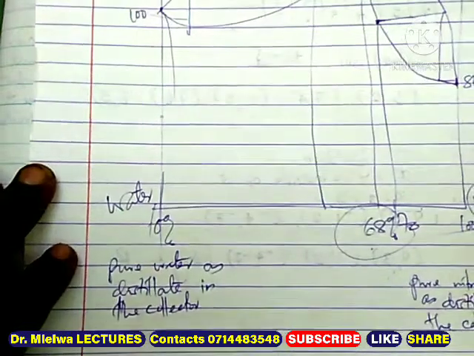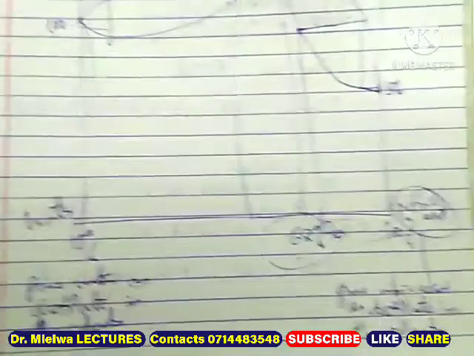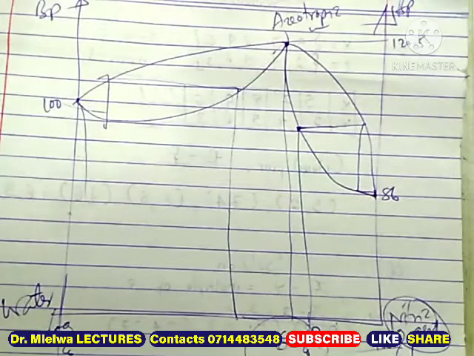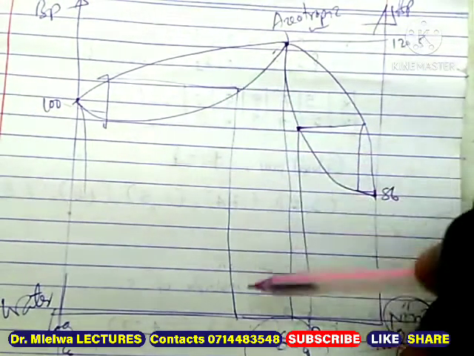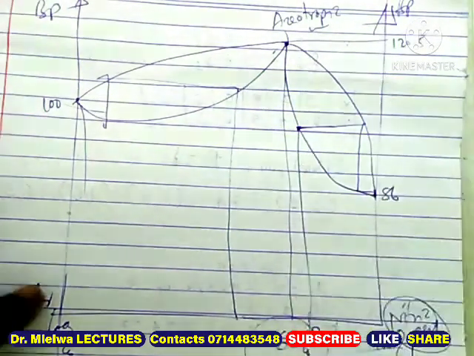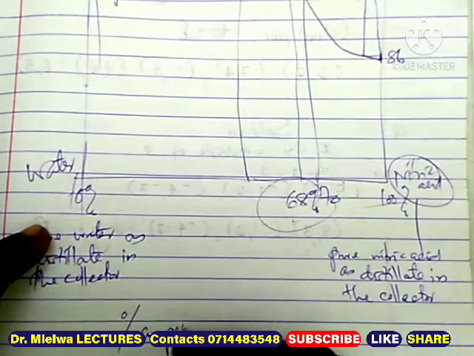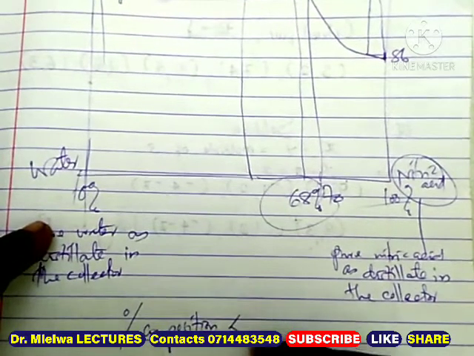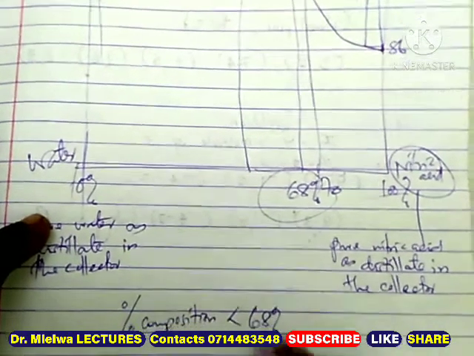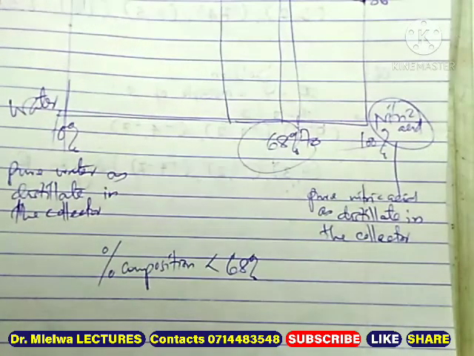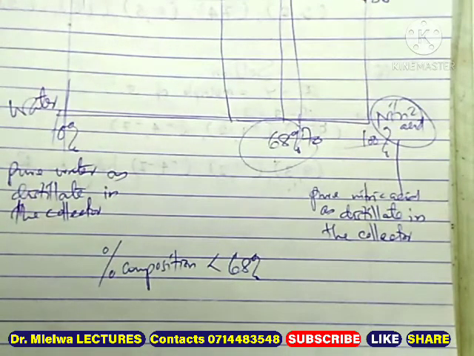So you see kwamba tuna pure water as distillate na pure nitric acid as distillate kwa kutegemea composition tuliyoanzia. Kwa hiyo tukianza na composition which is less than 68%, that means pure water will be found in the collector as a distillate, and residue ni azeotropic mixture.